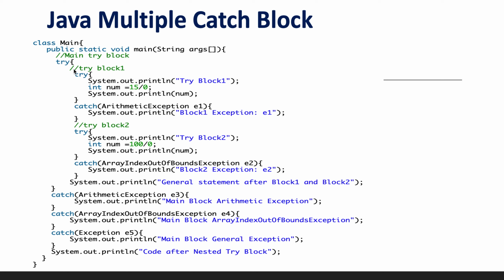We have put it inside here, and in the catch blocks we have handled ArithmeticException and ArrayIndexOutOfBoundsException. But what happens if this piece of code throws neither of them, but something else?